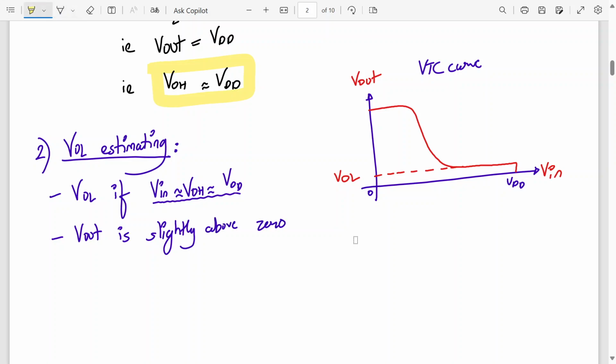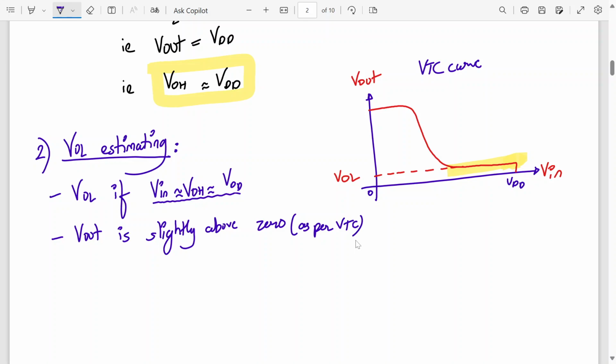See this part. So when V in is high, almost equal to VDD, my VOL is non-zero and it is just slightly above 0. Okay, so what is this value? Slightly above 0. This is as per the VTC curve. Alright.